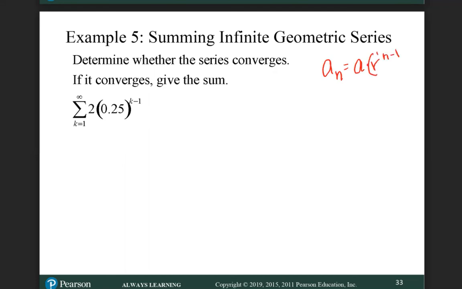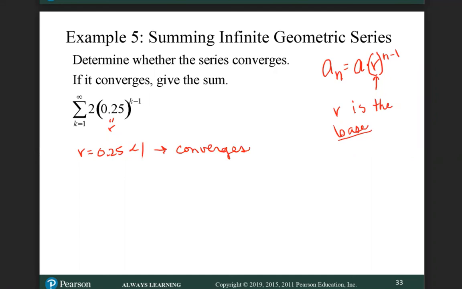So r is the one that's the base, meaning it was raised to a power. So that means this is my r. R equals 0.25, which is less than 1. So this converges.